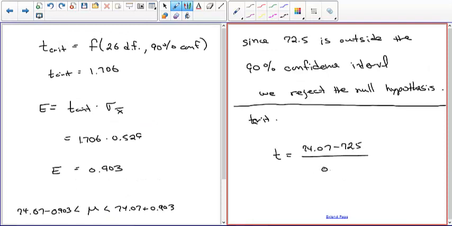So 74.07 minus 72.5 divided by 0.529. So we get t equals 2.97. So therefore, t is greater than t critical.